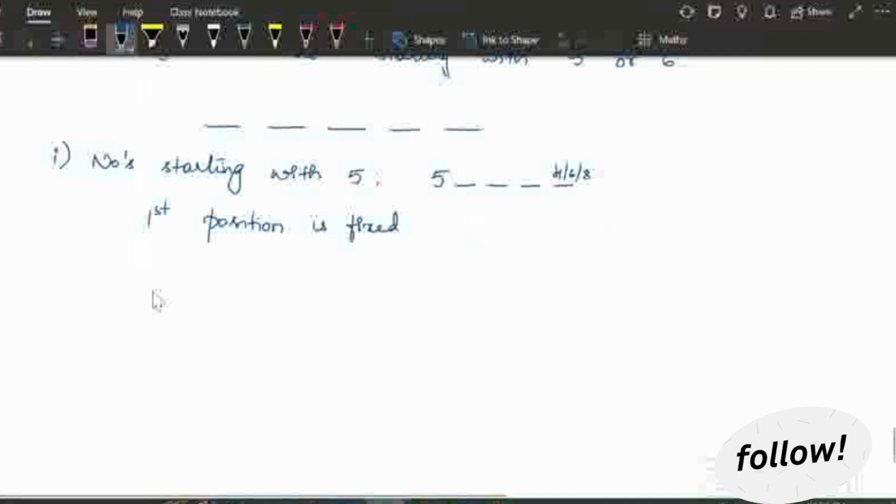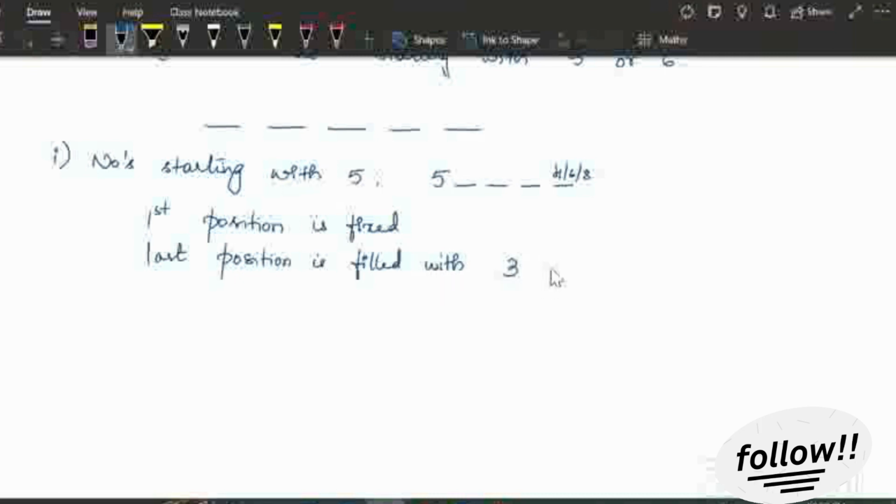First, you have to write the last position. The last position is filled in 3 ways. There are 3 choices to fill the last position.